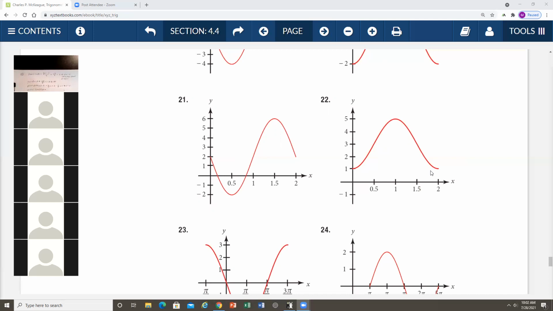Now, we know the period, and we know the amplitude of this graph is 2, correct? We know the amplitude is 2, and it's been reflected about the x-axis. Here's how you can get a foothold on what type of vertical translation this has. Here's what I recommend you do.